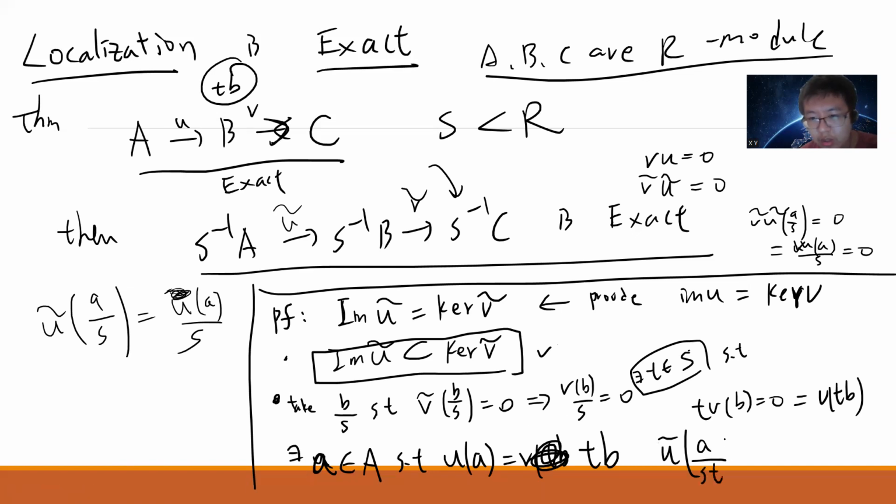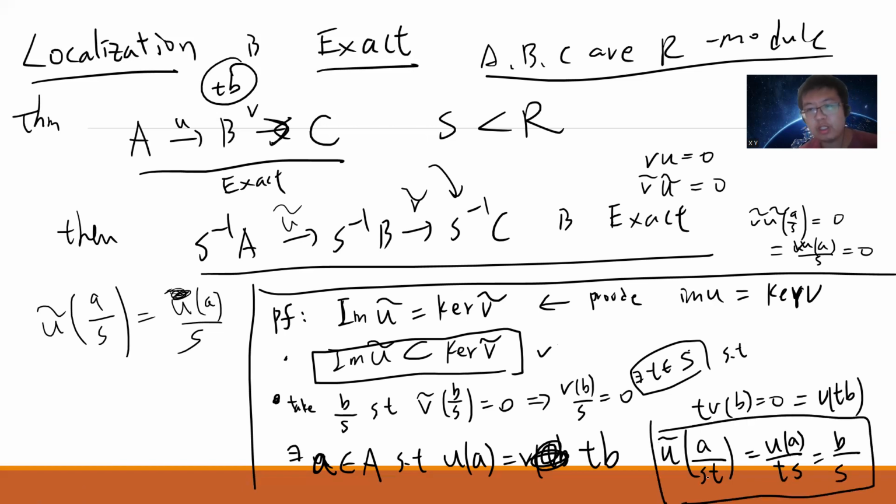So we prove that a divided by st will map to b divided by s, which proves that if you take any b divided by s such that its image is 0, then it always comes from the left.